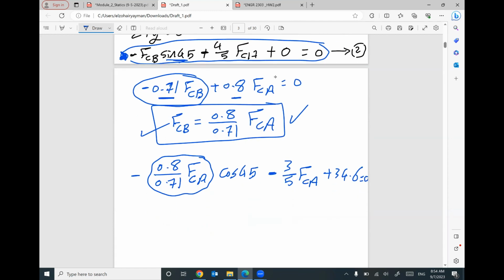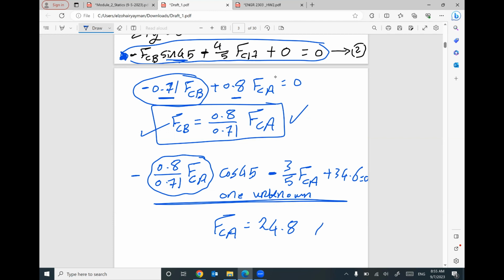If you look at this equation, we have only one unknown, which is FCA. I can figure it out. So the value of FCA will be negative 0.8 divided by 0.71 times cosine 45 degree minus 0.6, 3/5. Your value will be 24.8 Newton.